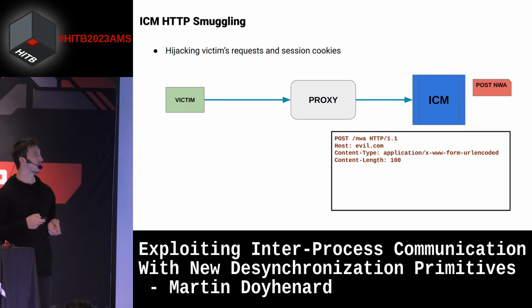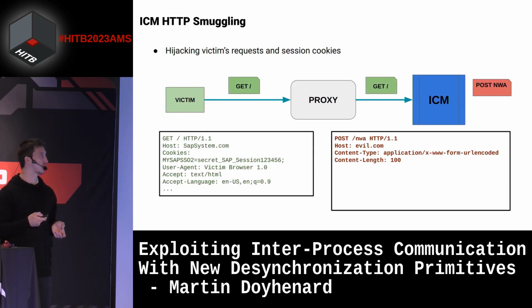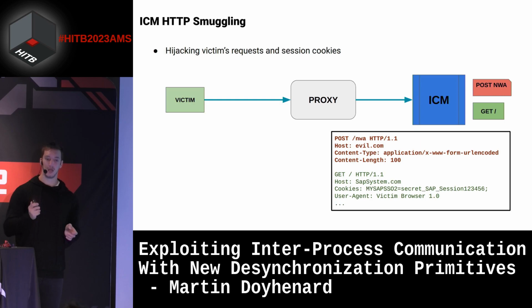So when a victim sends a request through the proxy, this request is going to reach the ICM. In this case, it's just a regular request, including his cookies. And the ICM will concatenate this with the post that we injected. So it will take the first 100 bytes and use it as the body of this request.